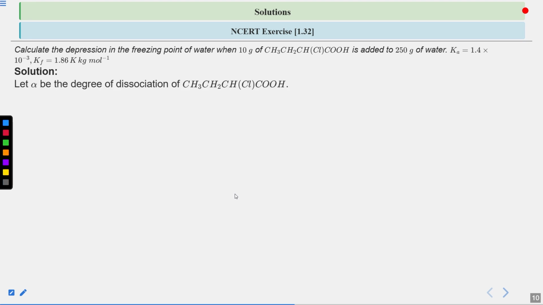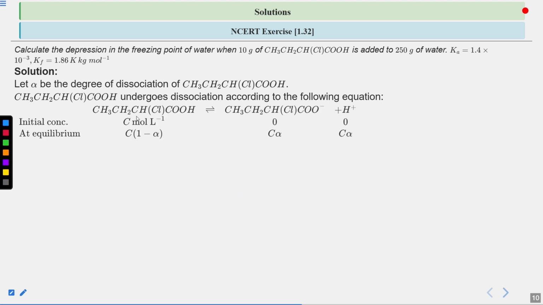We will move on to the calculation of alpha. Since our acid is getting dissociated, it can be represented by the equation. So initial concentration is suppose C. After some time, it will be dissociated. So C minus C alpha, or C into 1 minus alpha, which will give C alpha of this anion and C alpha of this cation.